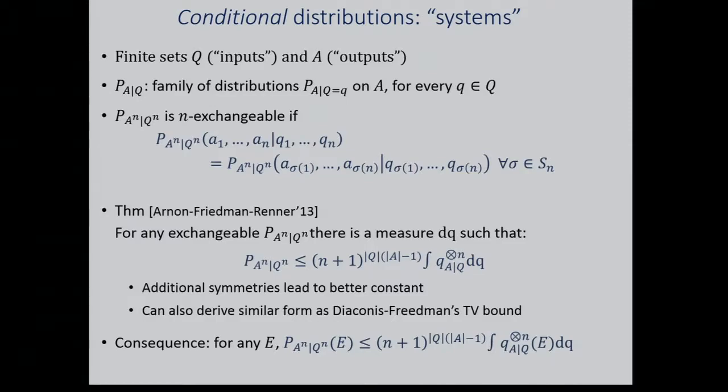In particular, if this event was a product event, here you'd have the probability of the event under just one single coordinate raised to the n. This prefactor you should think of as being polynomial in n, and it has an exponential dependence on the size of these sets. That's going to be an issue later on, but I just want to think about constant-sized sets. If there's more symmetries on your family, you can improve this constant a little bit, but that's not going to be relevant for the talk.